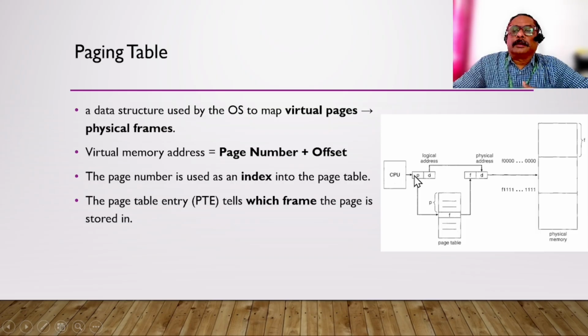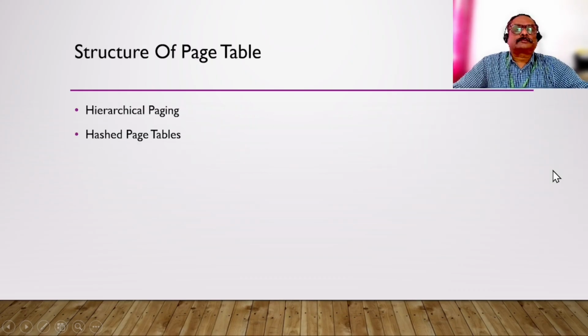So P represents the index in the page table, and at that index we find the frame number F. To that frame number the offset is added, and that gives us the actual memory address. That way the page table helps us map the virtual address to the physical address.